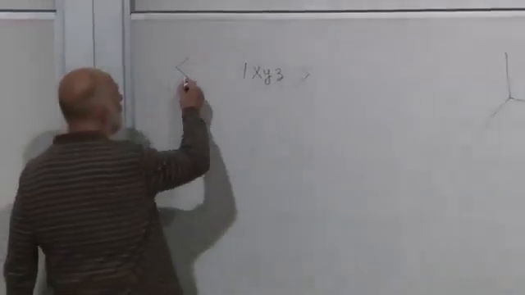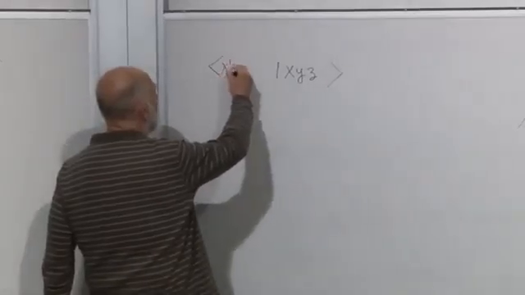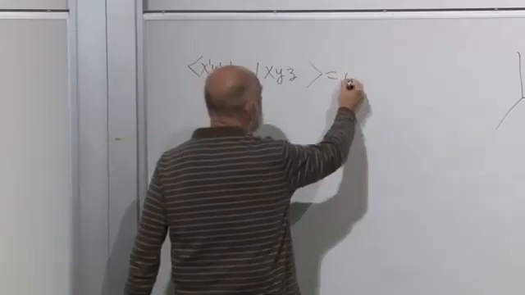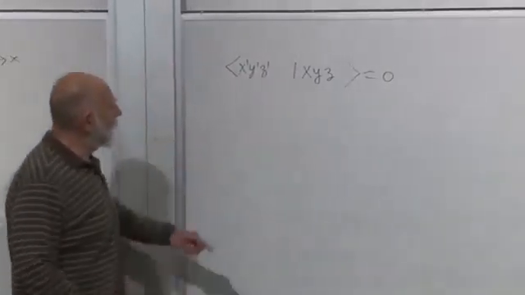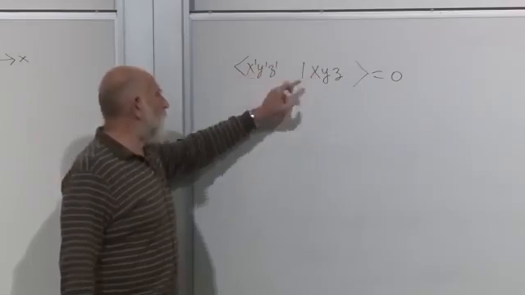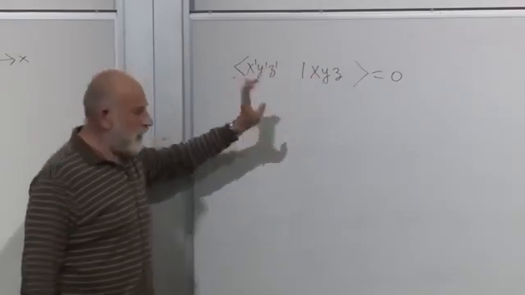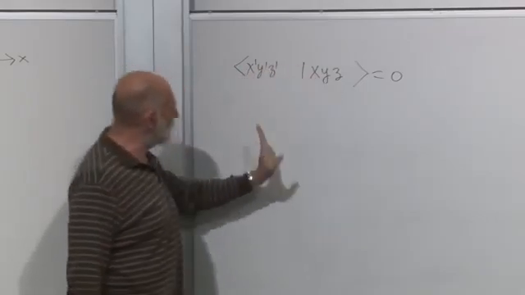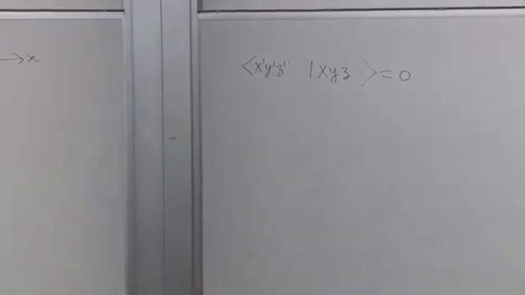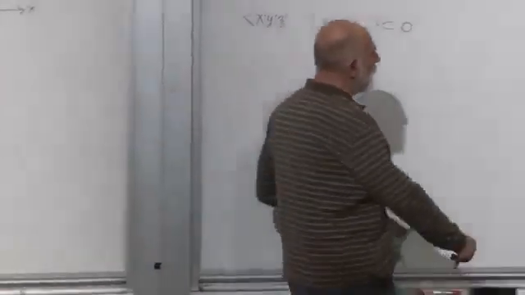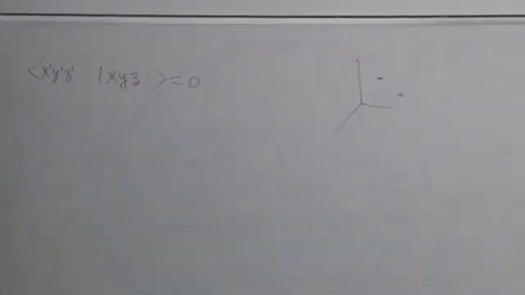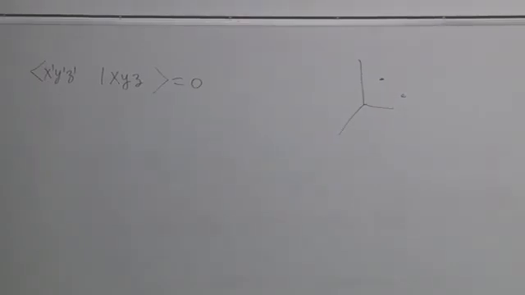The inner product of x prime, y prime, z prime would be 0 if there's any mismatch, not just if x is not equal to x prime, but if the entire point x, y, z is not the same as the point x prime, y prime, z prime. Then these are observably different positions for a particle, and the states are orthogonal to each other.